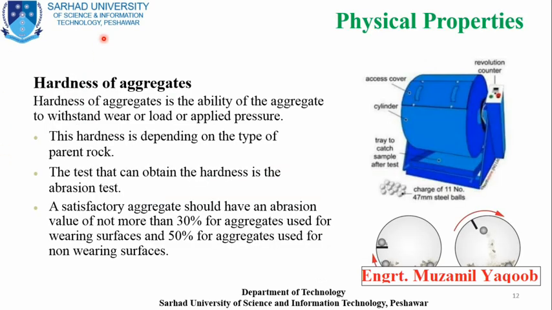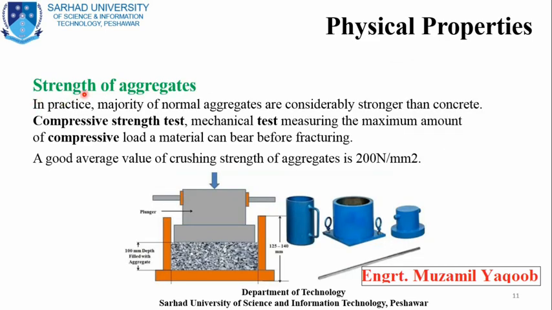Now let's discuss hardness of aggregate. First we should know the difference between hardness, strength and toughness, because these three terms are closely related. In the previous slide we discussed strength, which is the compressive strength, when you apply load and compress the aggregate.